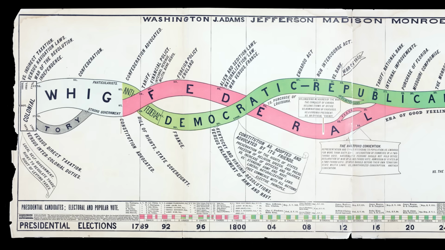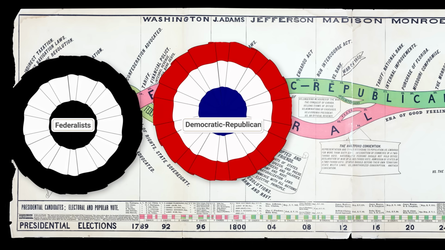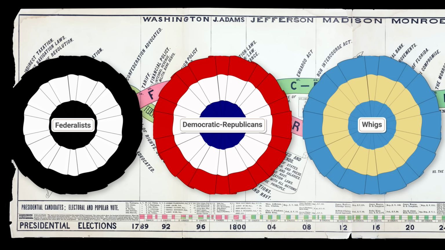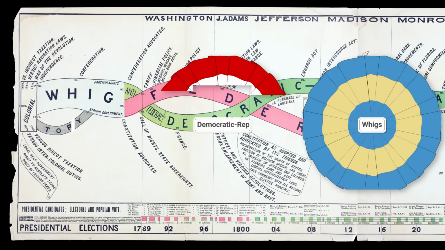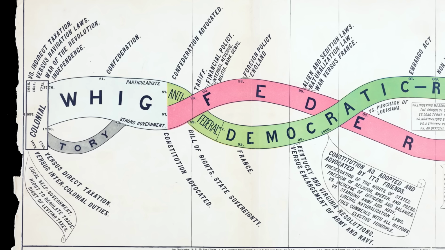Prior to the emergence of the current parties, there were actually several other older parties, such as the Federalists, the Democratic Republicans, and the Whigs. By taking a look at these older parties, it will help us better understand the origins of the two current parties. So let's start here with the period before the start of George Washington's presidency.